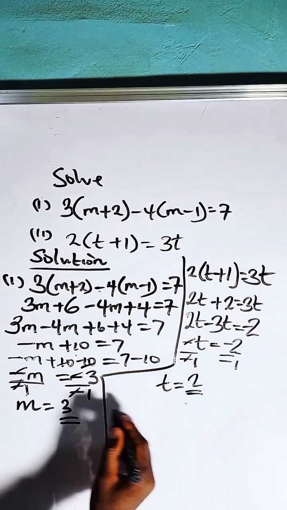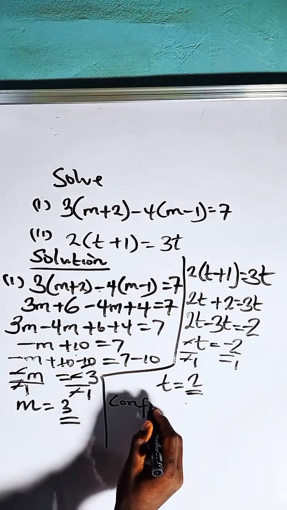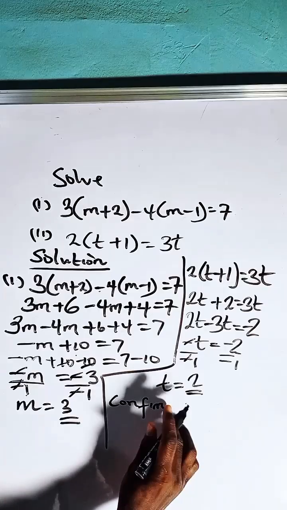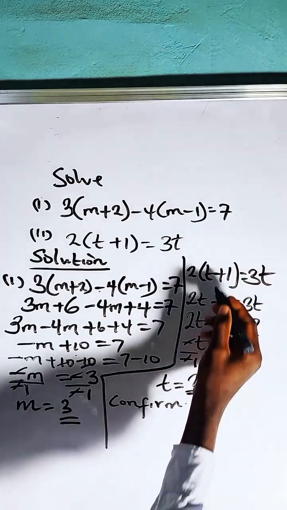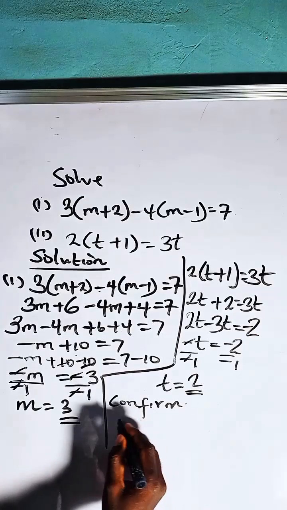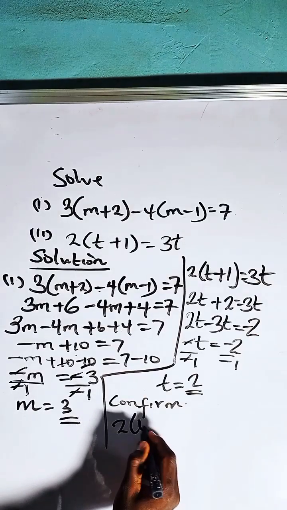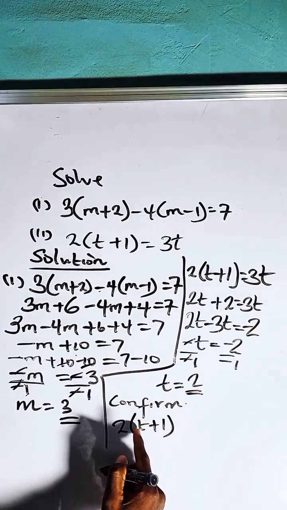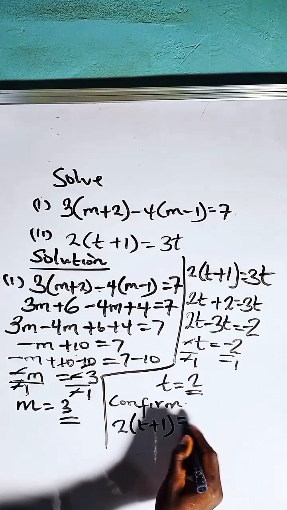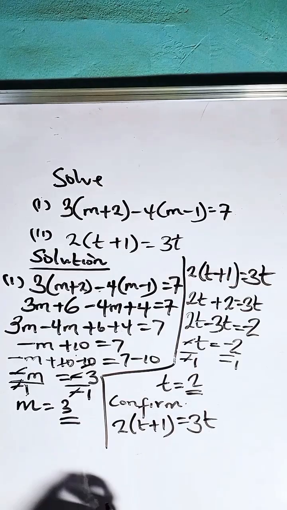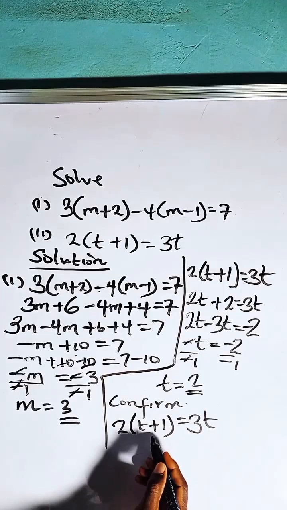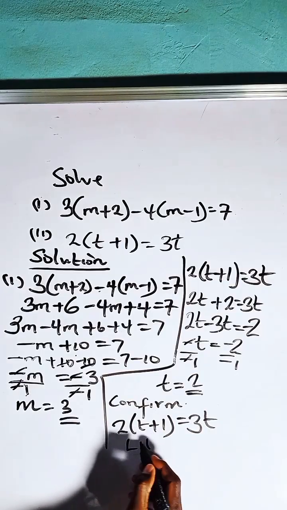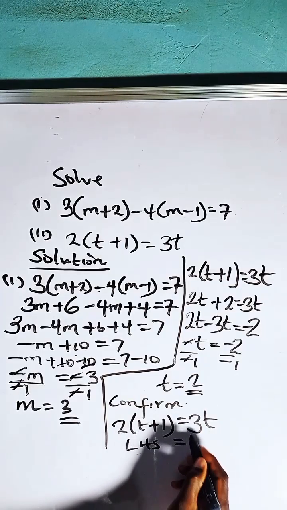So we can go ahead and confirm our answer, to verify. When t equals 2, we look at the equation 2 into t plus 1 equals 3t. By the time you put the value of t in this equation, the left hand side must equal the right hand side.